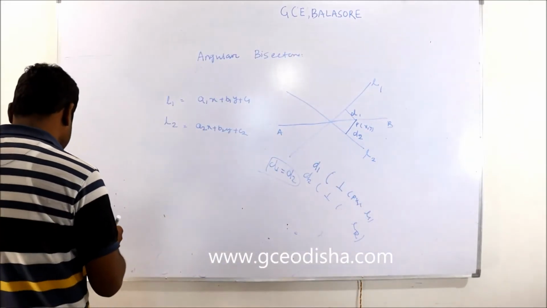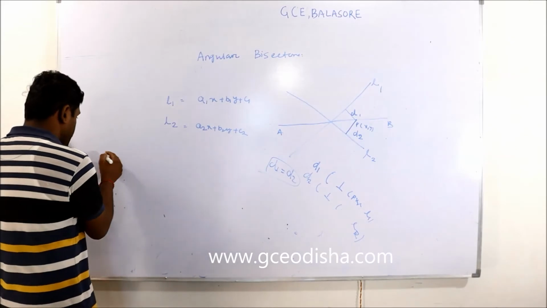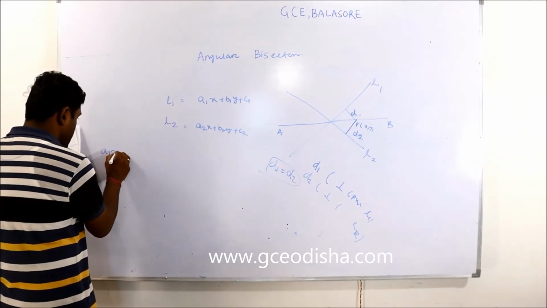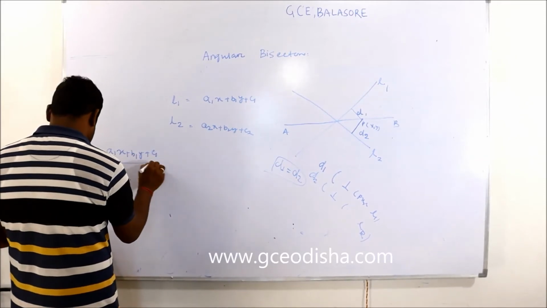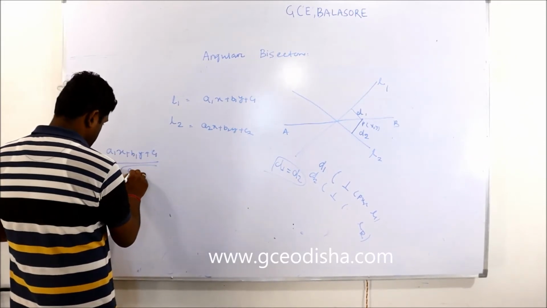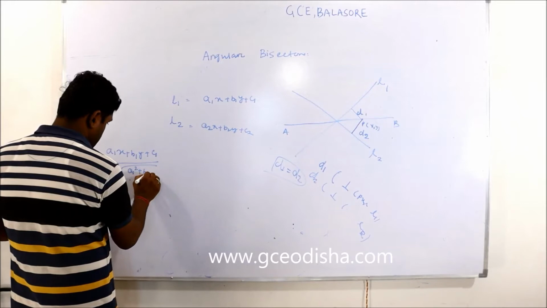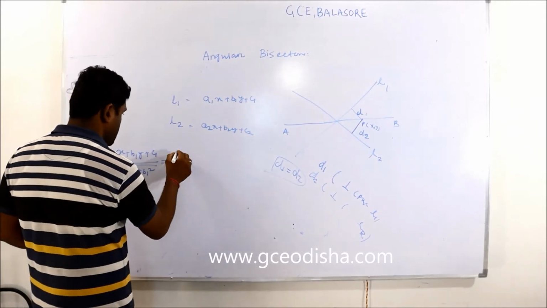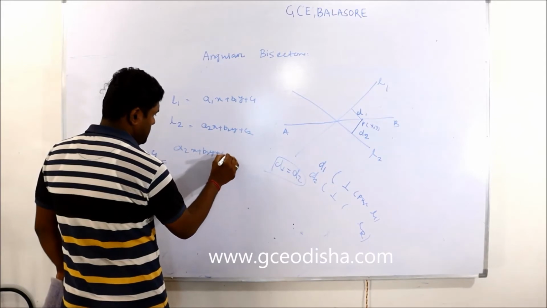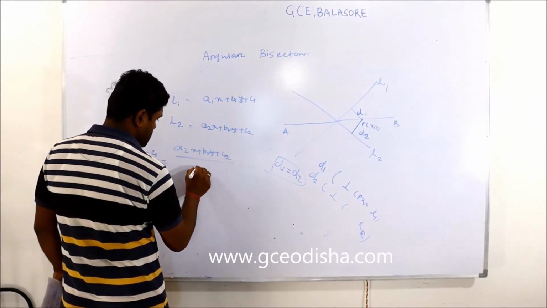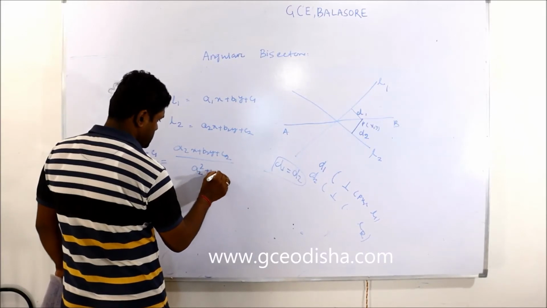This is the condition in case of angular bisector, and I'll tell you the formula. How can you find that? The formula is (A1x plus B1y plus C1) whole divided by root over A1 square plus B1 square, that is equal to plus minus (A2x plus B2y plus C2) divided by root over A2 square plus B2 square.